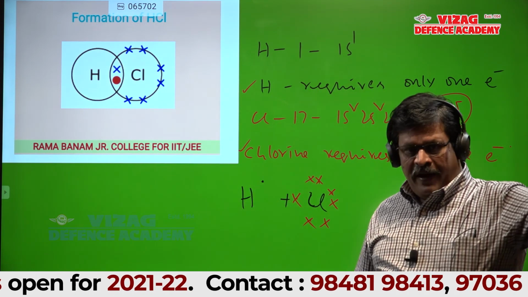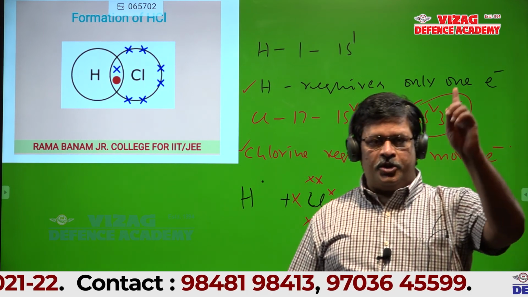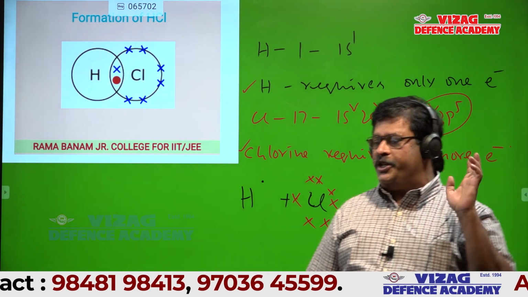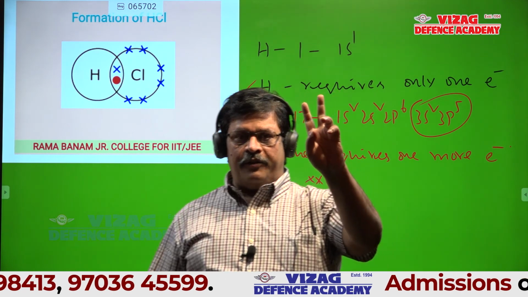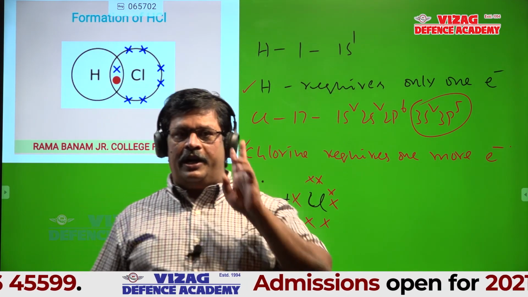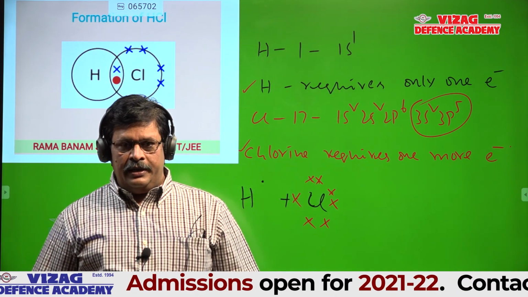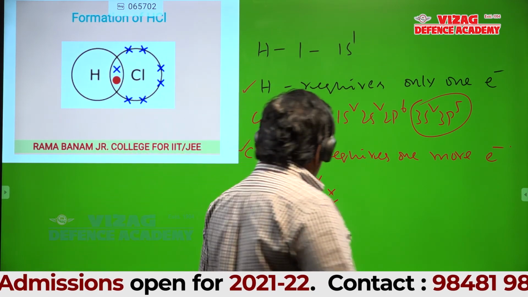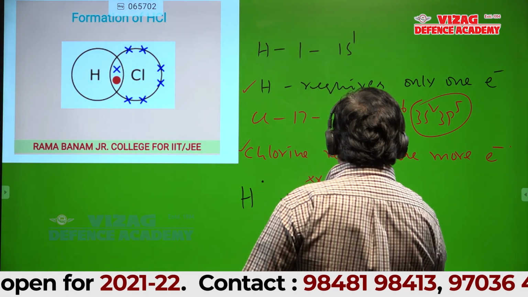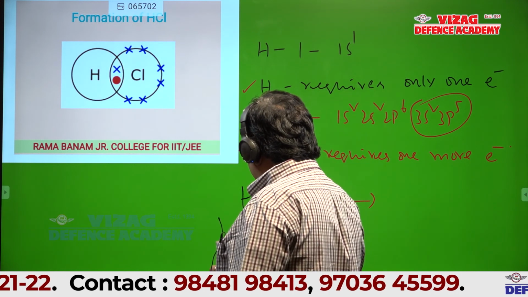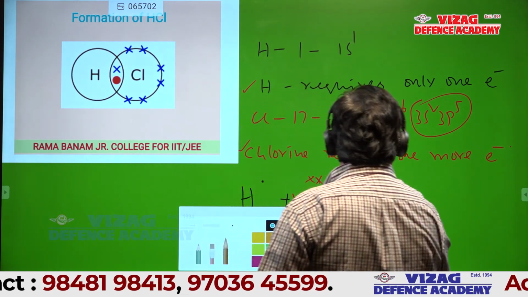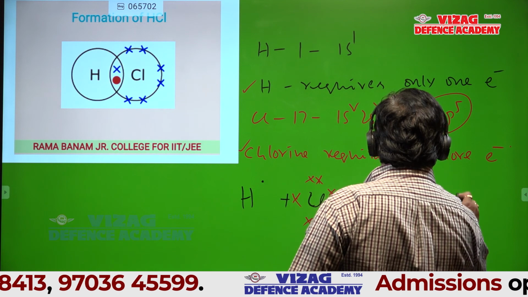See, if an atom requires 1 electron, that atom should contribute 1 electron in the bond formation. If an atom requires 2 electrons, that atom should contribute 2 electrons. Isn't it? So here what will happen? Hydrogen contributes 1 electron and chlorine contributes 1 electron. This is hydrogen, this is chlorine.